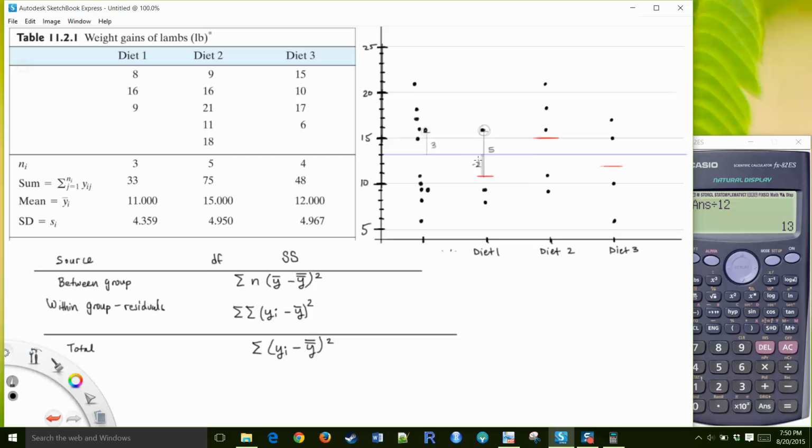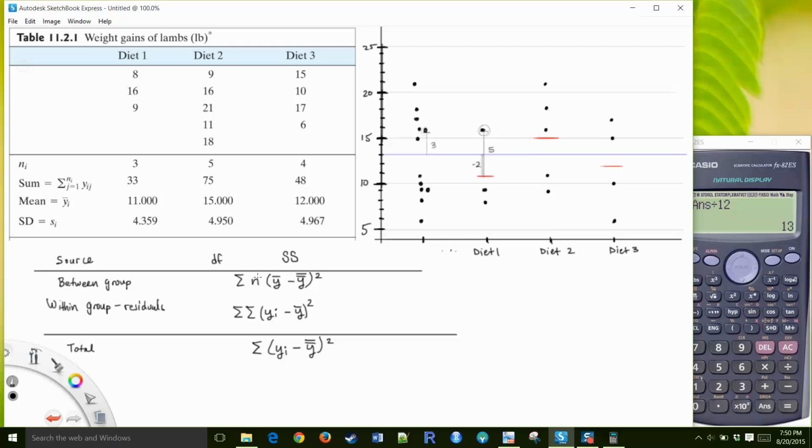All right, and so, for example, let's just explore this using actual data, and we're just going to do it for diet 1, just because it can get tedious. Okay. So for diet 1, we look at this data point, which is 16.